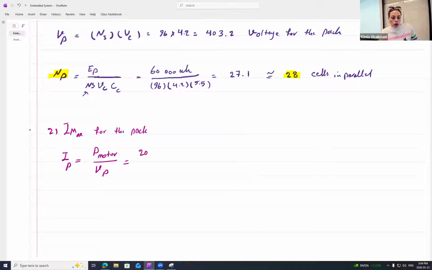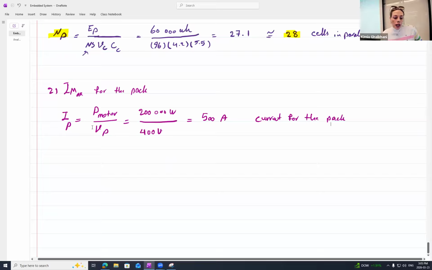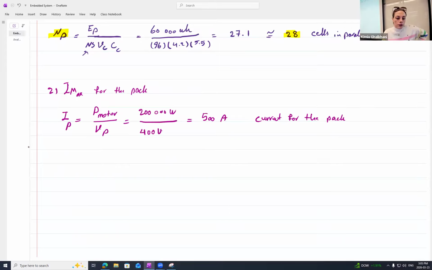Power was 200 kilowatts, which is 200,000 watts, and I have 400 volts for the pack voltage. It gives me 500 amperes to be the current for the pack. Now, if I have the current for the pack, I can use this to calculate the current per cell.